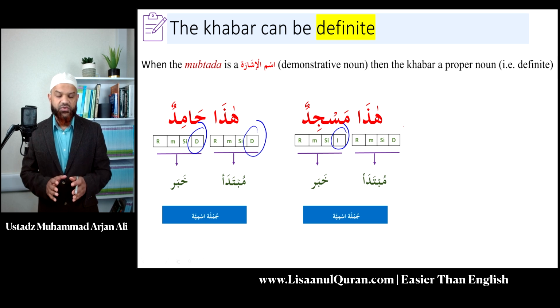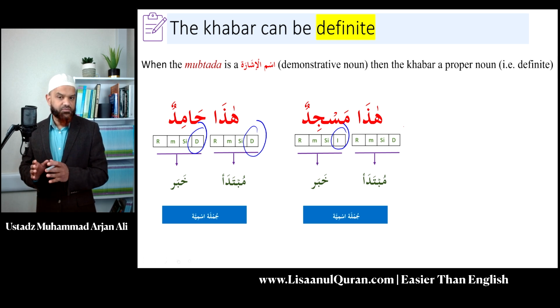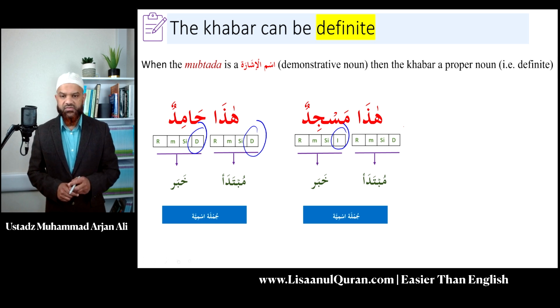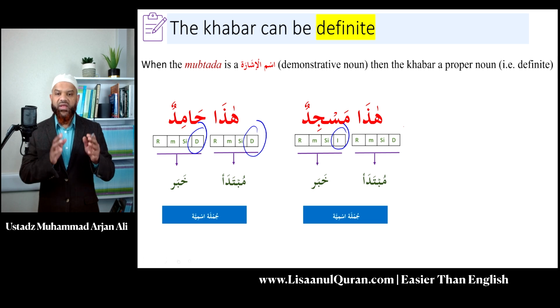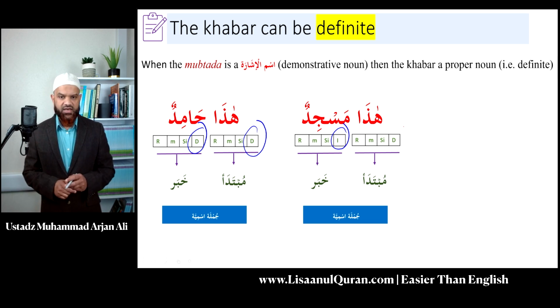Since it's a proper noun, it can be the predicate or khabar when the subject is a demonstrative noun. So please note these three that I've gone through so far. When the subject is a pronoun, you can have a proper noun as a khabar. When the subject is a pronoun, you can have a word with al, which will become your khabar, definite with al. And when the subject is a demonstrative pointing word, the predicate can be a proper noun.